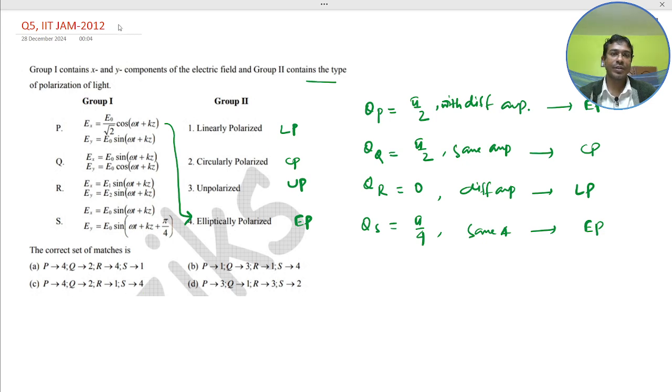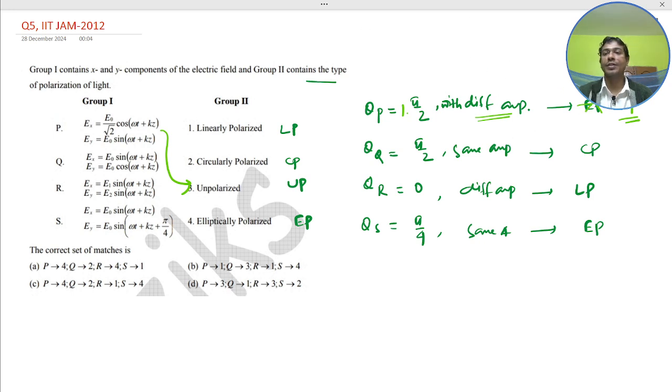I just check one thing, that the first one would become the unpolarized, because here we just say one thing, that pi by 4 or pi by 2 with amplitude 1 means an odd multiple, but here the different amplitude is given, so it would become the unpolarized, not elliptical polarized.